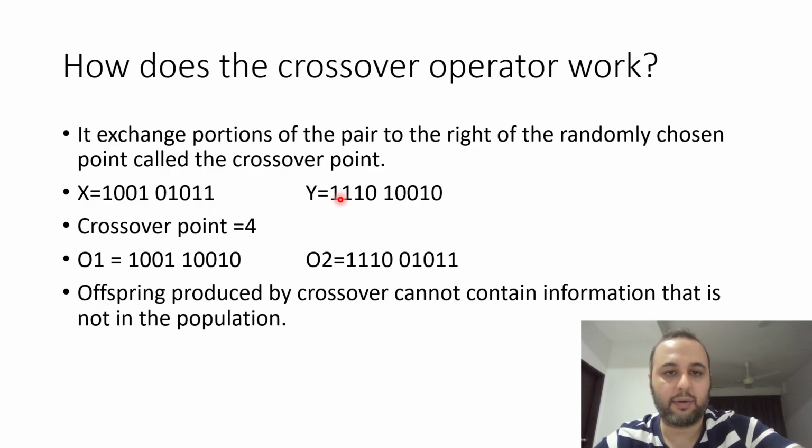In Y we also have 1, 1, 1, 0, 1, 0, 0, 1, 0. So we count from the left, 1, 2, 3, 4. Okay, we put a point in here, we put a point in here, and one point in here.